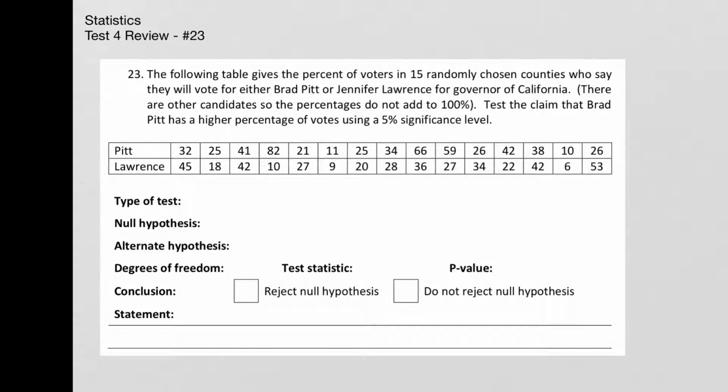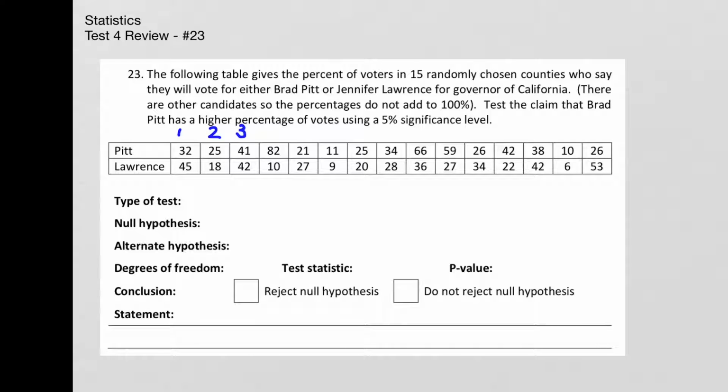In this problem, we are testing the claim that Brad Pitt has a higher percentage of votes than Jennifer Lawrence in this election for governor of California. So we've got a sample of 15 randomly chosen counties, and you can say this is county 1, county 2, county 3, however you want to designate those.